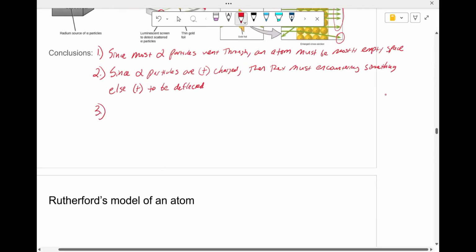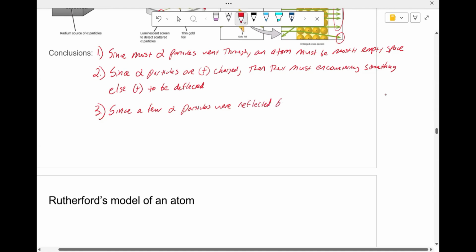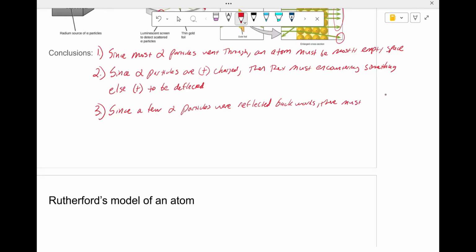And then number three, since a few alpha particles were, I'll say reflected, not deflected, but reflected backwards, there must be a small concentrated positively charged area at the center of each atom.